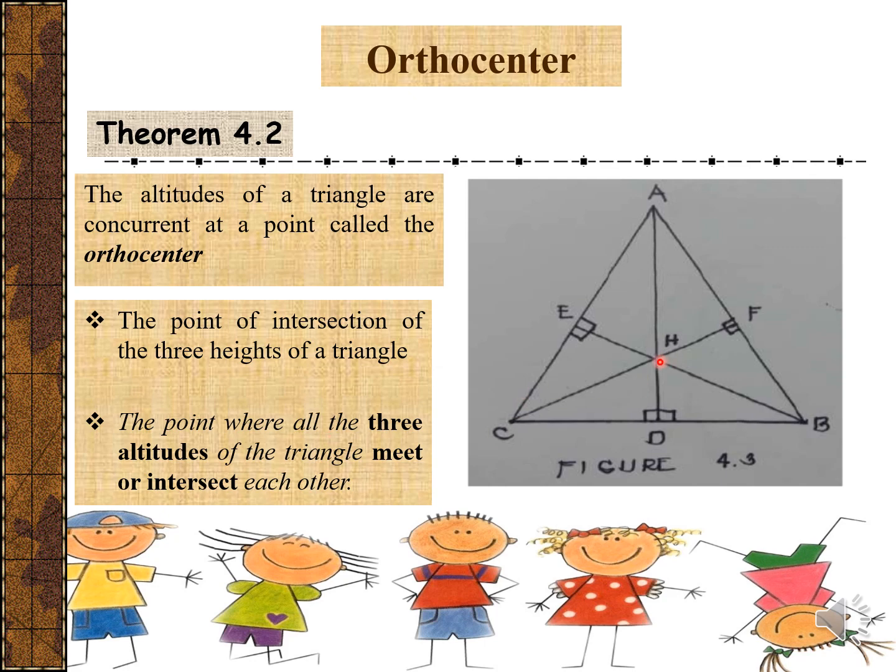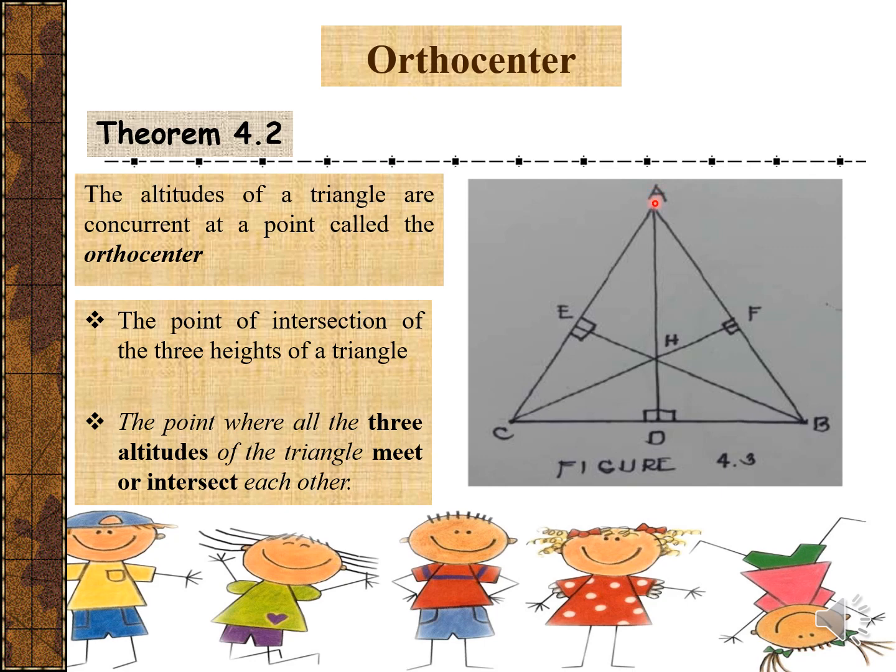The four points A, B, C, and H constitute an orthocentric set of four points, so named because each of the four points is the orthocenter of the triangle formed by the other three.